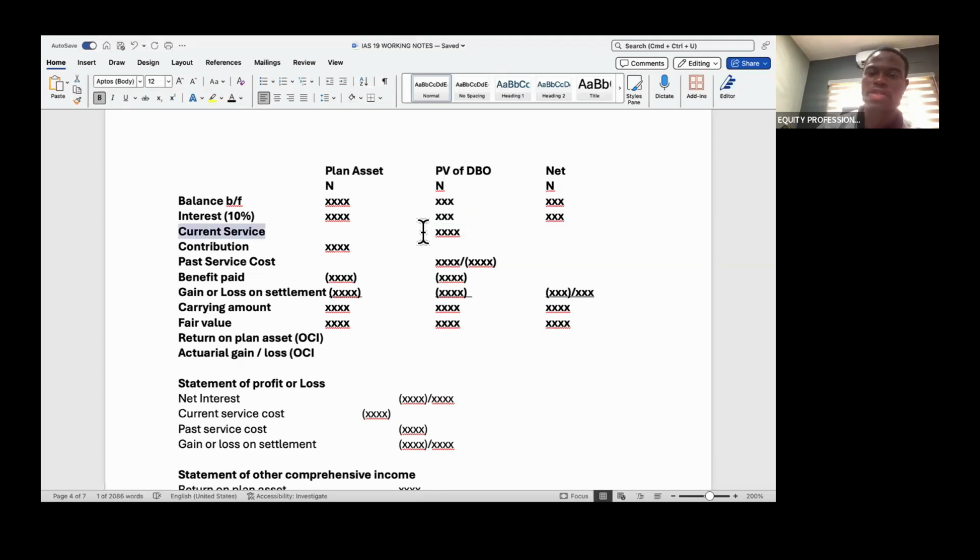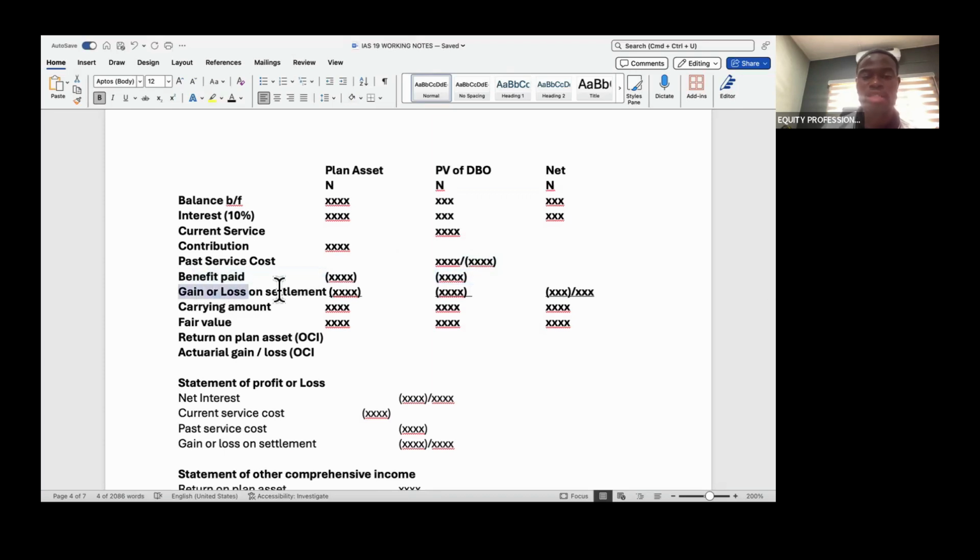Current service cost, you add it to the obligation. Contribution is added to assets. Past service cost is added or deducted from the obligation, depending on whether it's an amendment or a curtailment. Benefit paid is removed from the two because people are retiring. So we really need to take money from our plan assets wherever we have kept it, and also our obligation will definitely reduce.